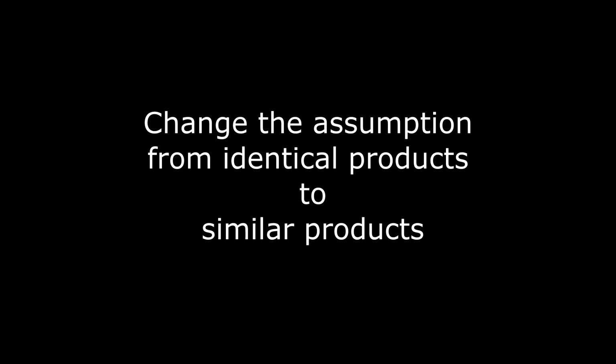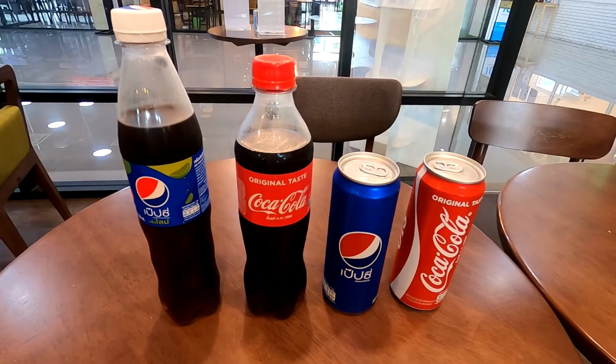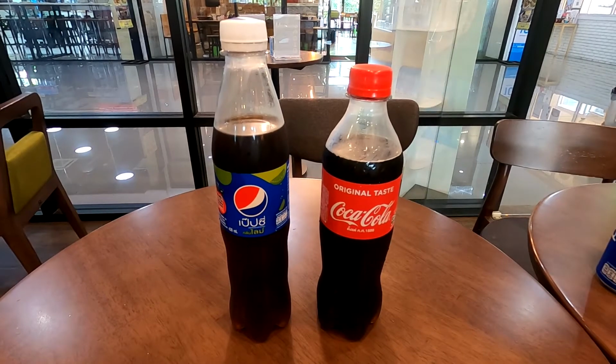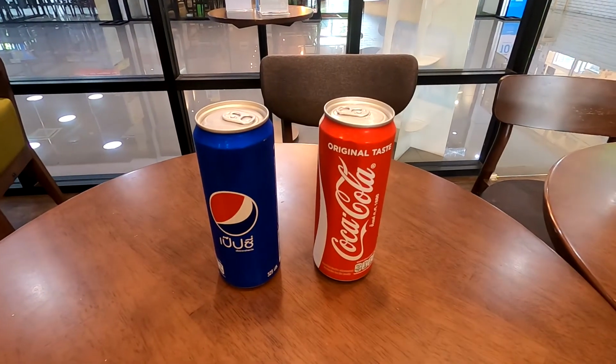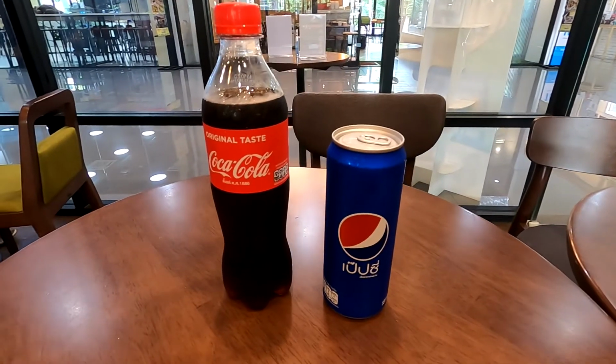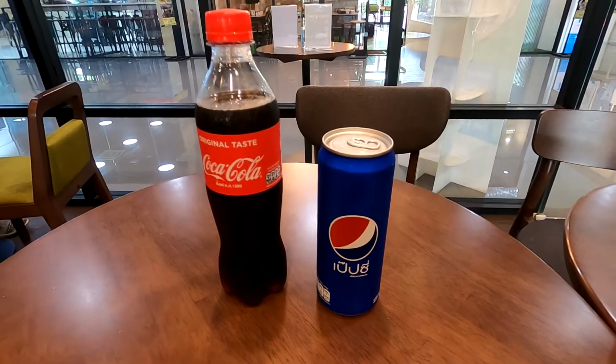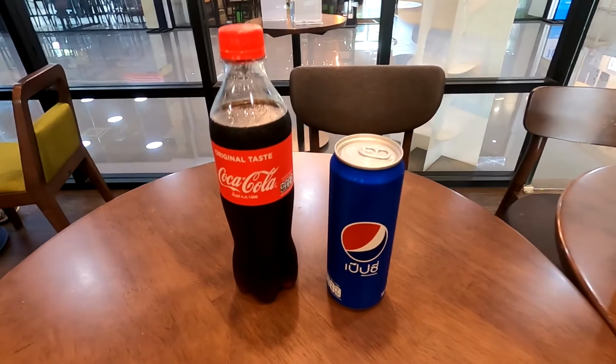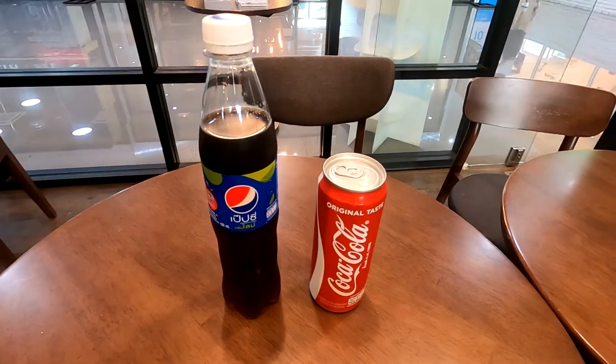In doing so, we have to find the degree of similarity of products. We know that they are not identical but similar. But how similar are they? We have to find some ways to identify the degree of similarity.